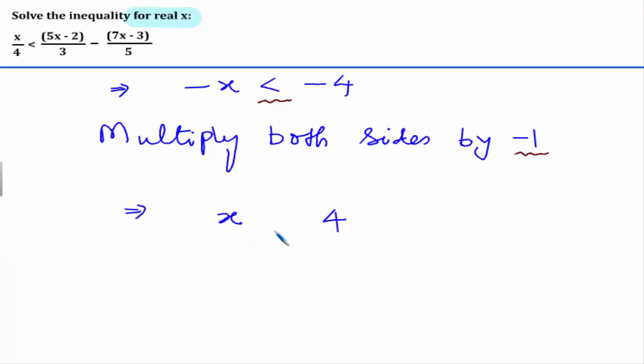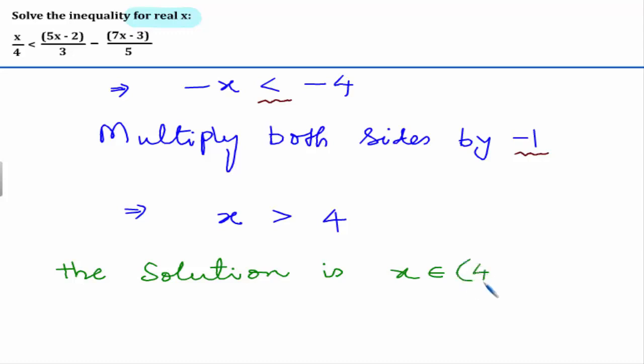So this less than symbol will be greater than now. So the solution is x belongs to 4, infinity. And since we have only greater than symbol here, we have an open interval.